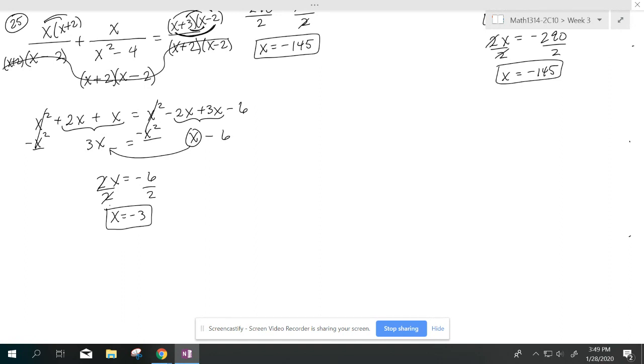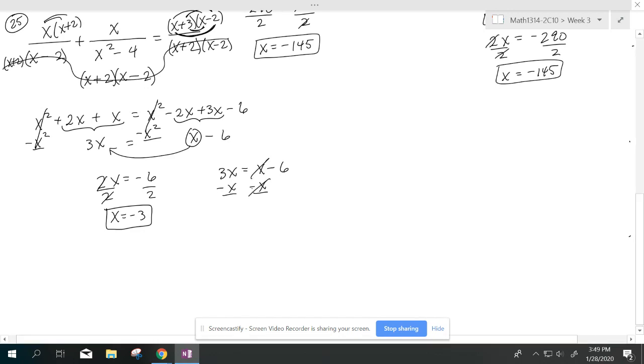Most public school teachers, I hate to keep saying that, but if you look at this step right here where I've got 3x equals x minus 6, a lot of times they'll show it like this, minus x minus x. You can do the same thing to both sides. Why would I choose minus x? Because it makes those cancel.